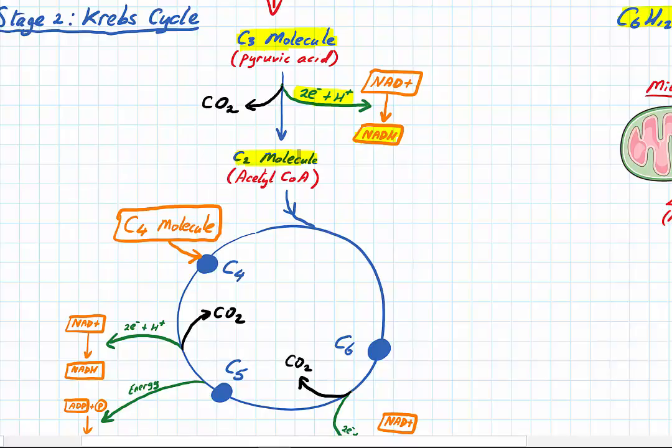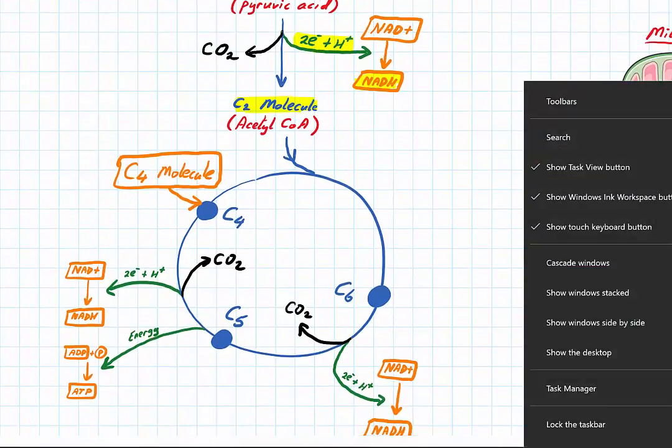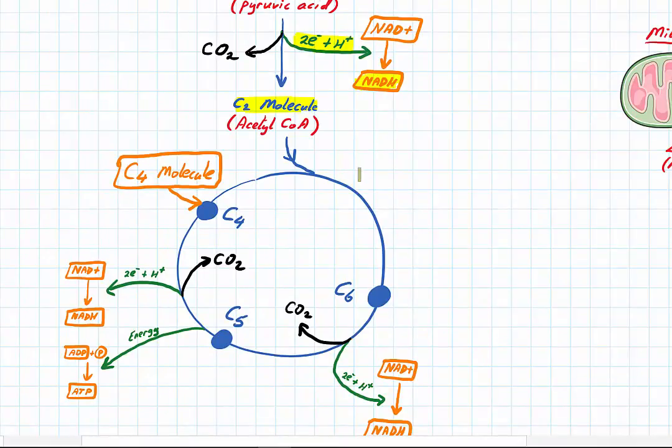So we keep following the energy. It goes into this cycle called the Krebs cycle, and to explain this, there's already a C4 molecule in the cell, and this C4 joins up with the C2 to become again a C6, which is here.